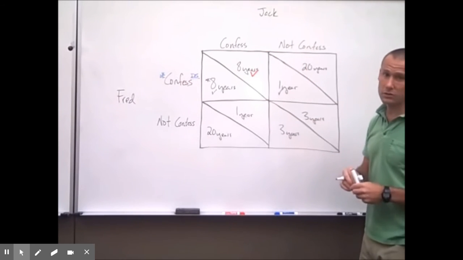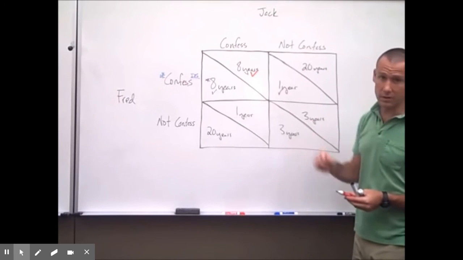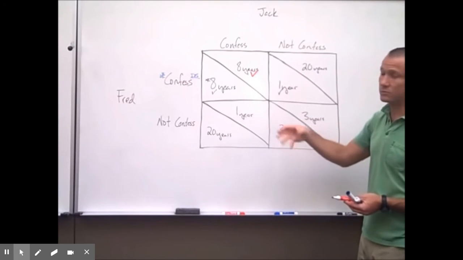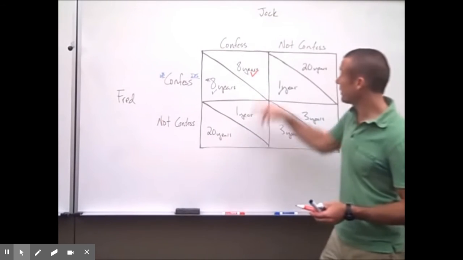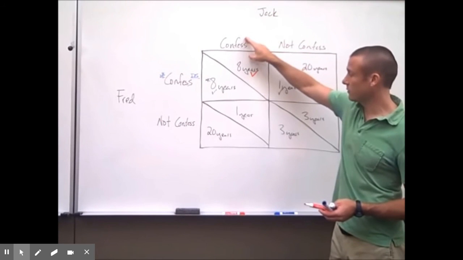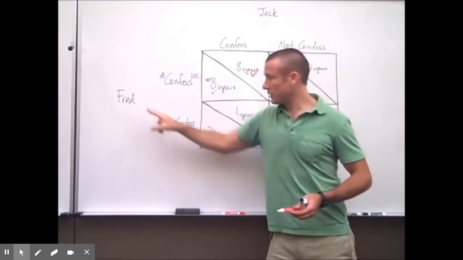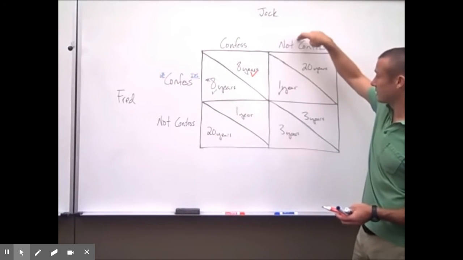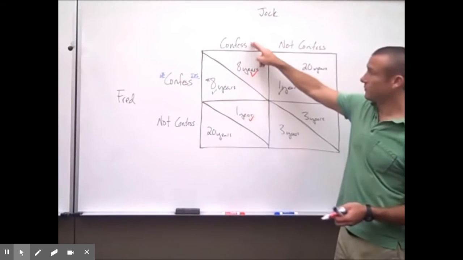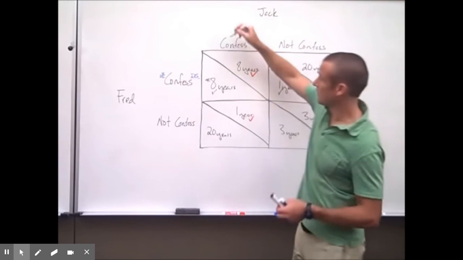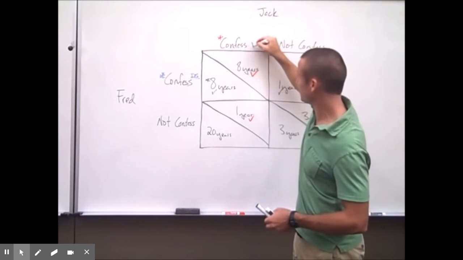We don't know for sure it's his dominant strategy. We have to evaluate it in terms of the other strategy that Fred can play. Fred does not confess, Jack confesses, 1 year. Fred does not confess, Jack does not confess, 3 years. Confessing is definitely the dominant strategy for Jack.